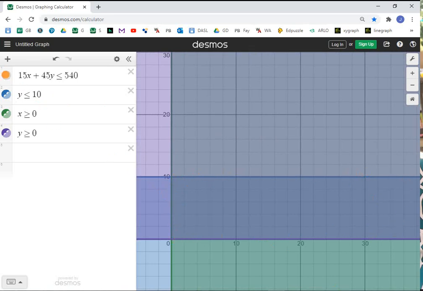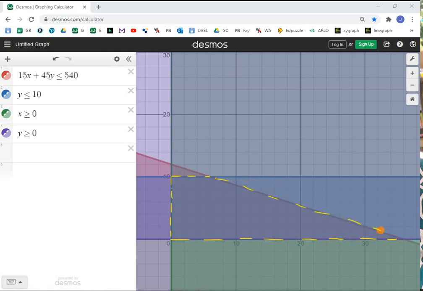And then we'll put in this line, and now we see that the intersection of all four is that polygon there, okay?